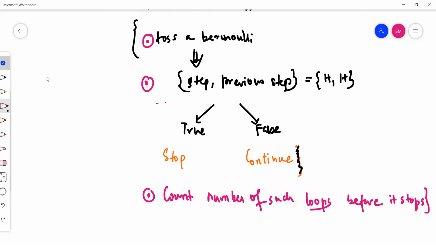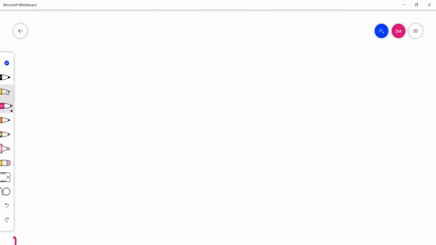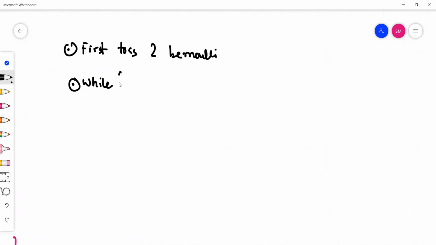So let me write it down again and make you understand again. Let me make it much more understandable. First, toss two Bernoulli. Now start a while loop, while you keep on tossing.